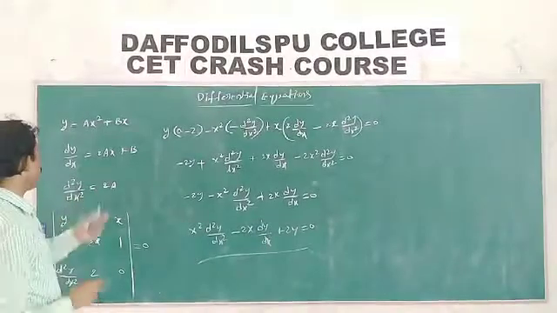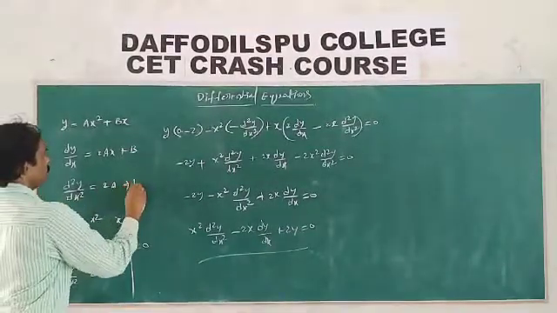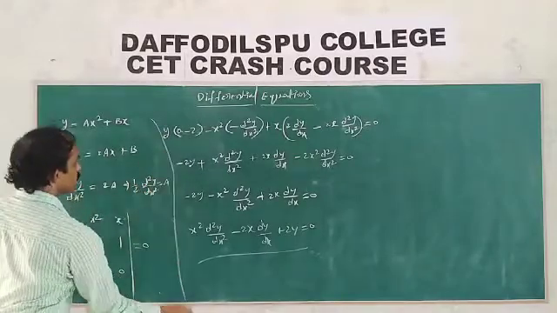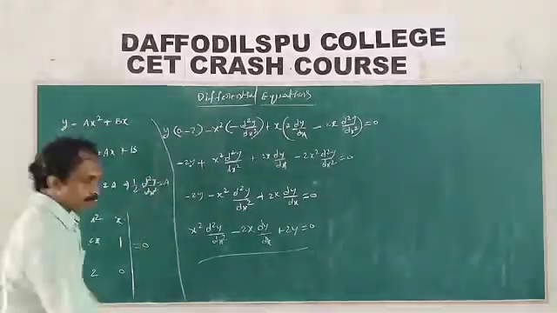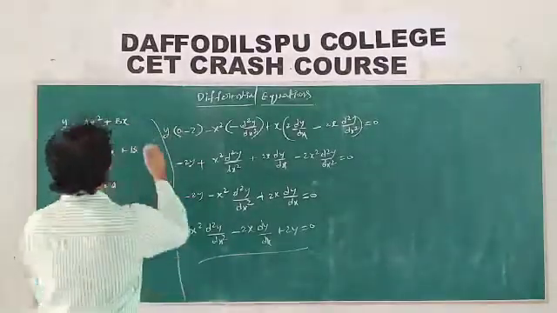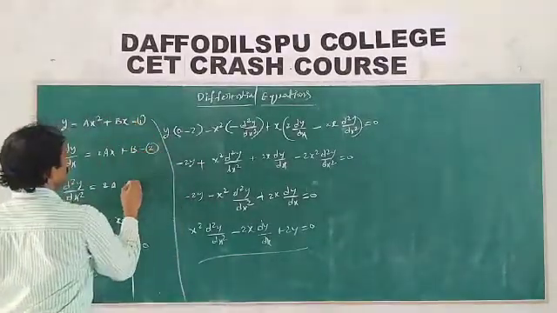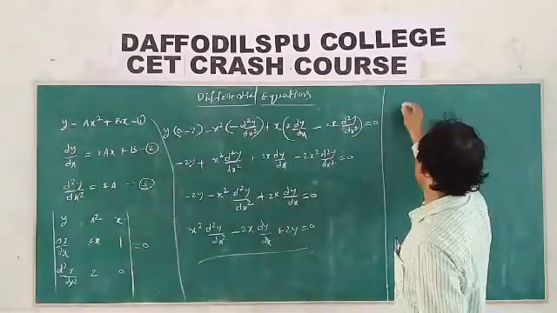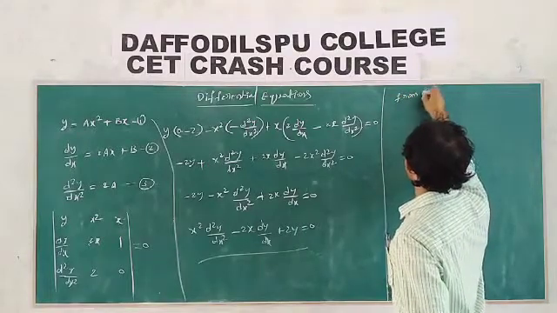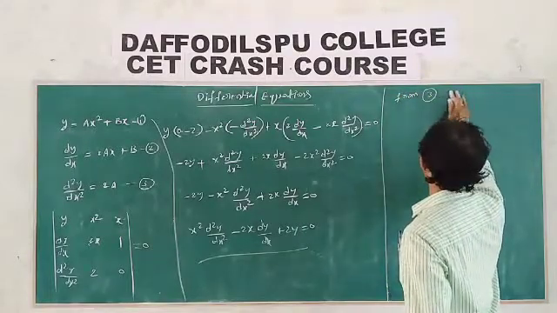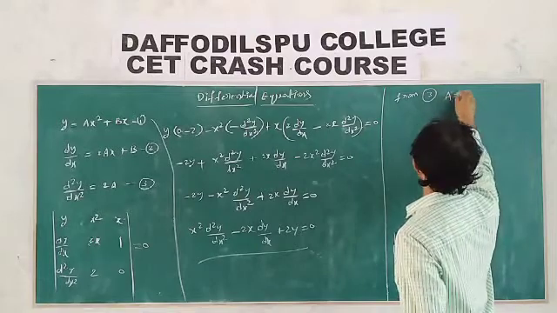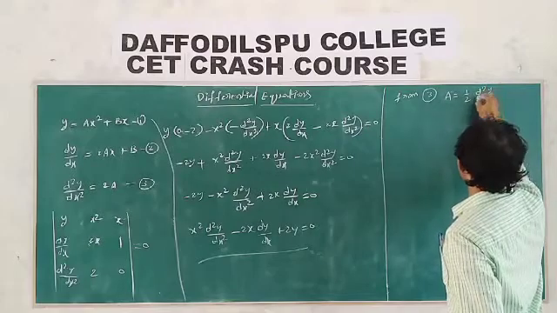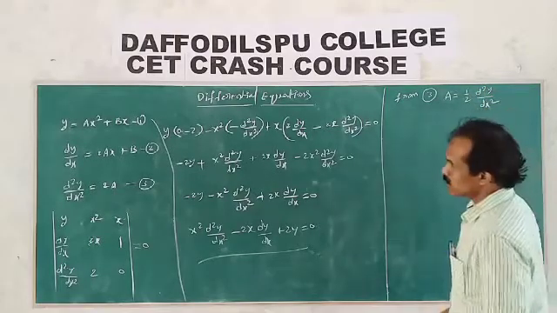Okay, students. What is the value of a in this one? From this, 1 by 2 d square y by dx square is equal to a. Clear? Suppose this is the first equation, second equation, third equation. From 3, a is equal to 1 by 2 d square y by dx square.